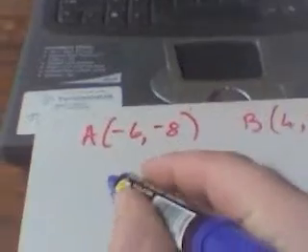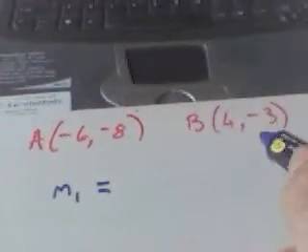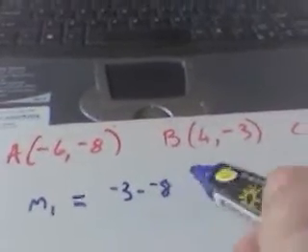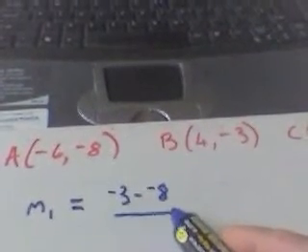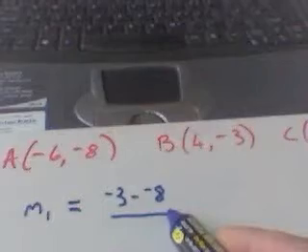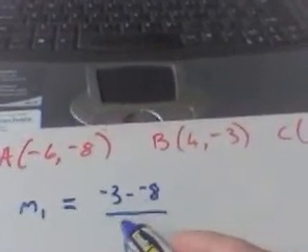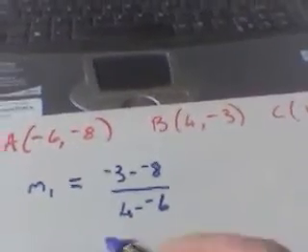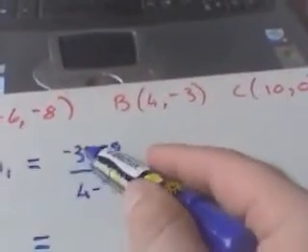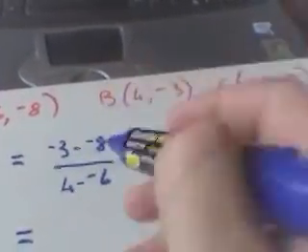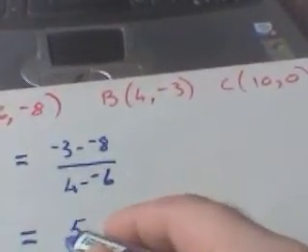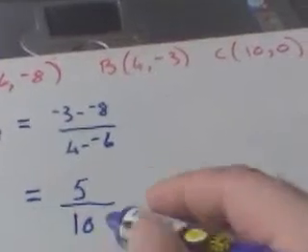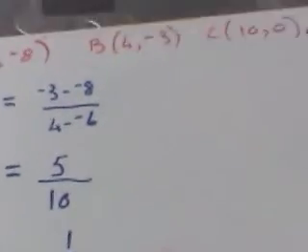So let's try this one. M1, the first gradient, is -3 minus -8 over 4 minus -6. -3 plus 8 is +5, and 4 minus -6 is 10, giving a gradient, the first one, of 5 over 10, which is a half.